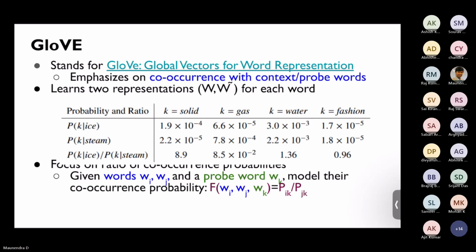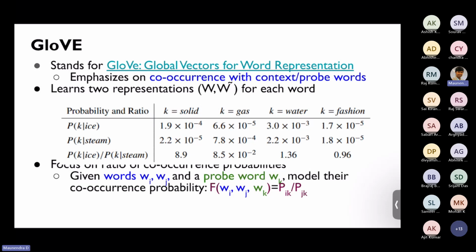So they are very unrelated. Now, solid and ice will occur together many times, but steam and solid may not go together that many times. Steam and gas, on the other hand, will co-occur together, but ice and gas will not co-occur many times.